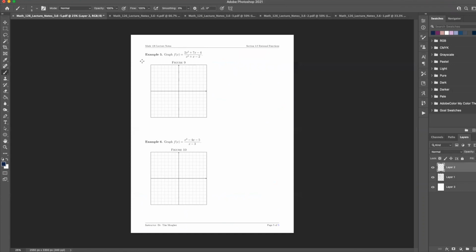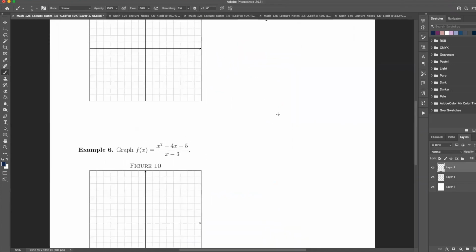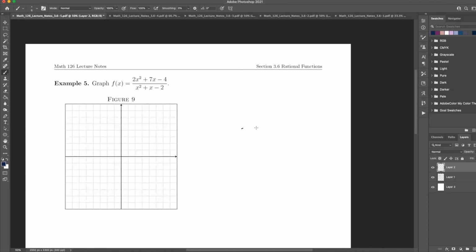So what were our steps? Step one was to factor completely. I'm going to get (2x plus 1)(x plus 4) all over (2x plus 2)(x minus 1).